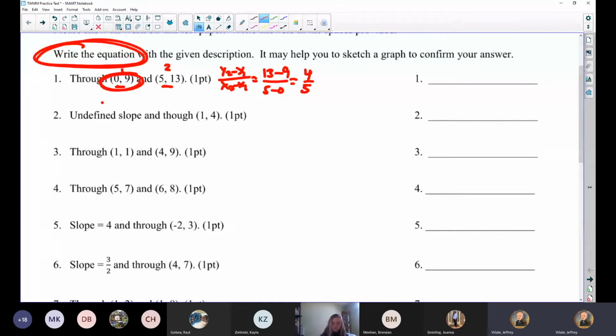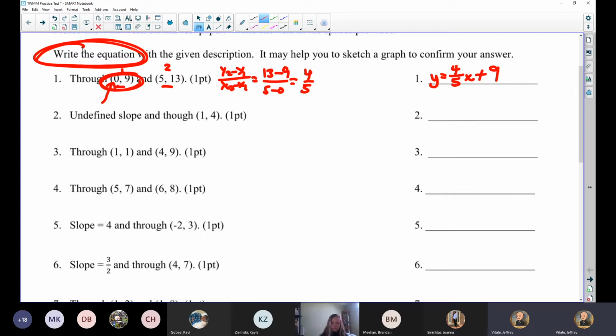The 0 is in the x spot, which means that they gave us the y-intercept. That was awful nice of them. So we have the 2 things we need to write our equation for number 1. Y equals 4/5 x plus 9. Nice, good one to get it warmed up with.